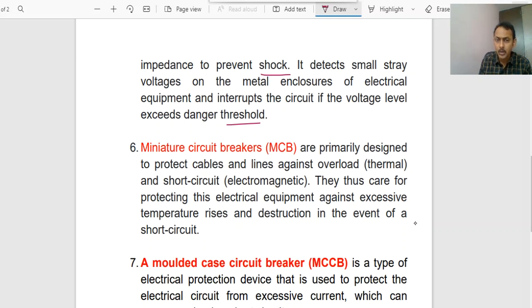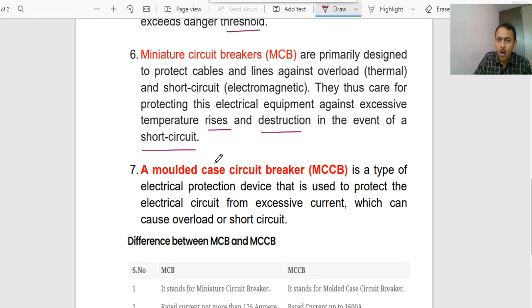So it takes care of protecting this electrical equipment against excessive temperature rises and destruction in the event of a short circuit. This miniature circuit breaker is going to protect the equipment, right?